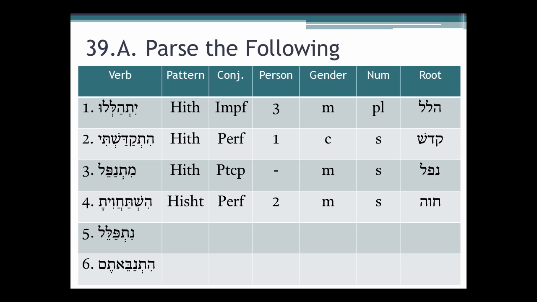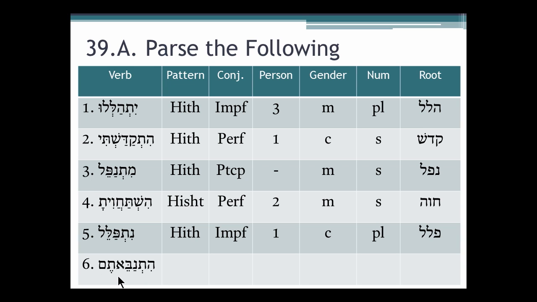And the only nun that we're going to get with a Hithpael with a nun prefix is going to be Hithpael imperfect first common plural. That nun is an imperfect prefix, and it can only be first common plural. Again, this is not Niphal. It's Hithpael. Okay, nith.